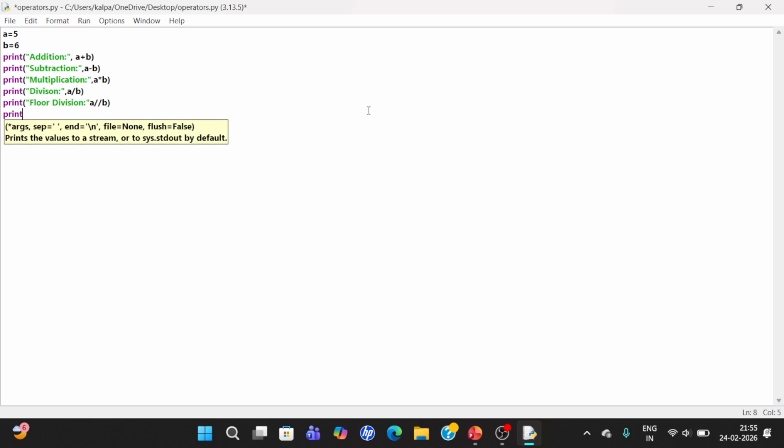We have two more: modulus, a modulus b, and print exponent. These are the arithmetic operators.